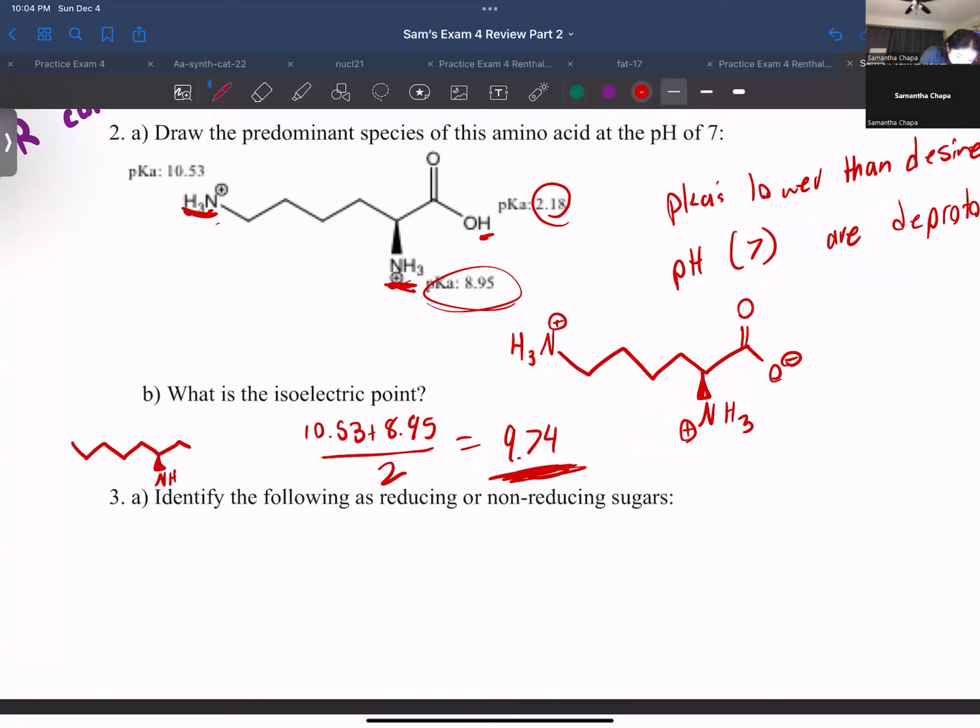So I get NH2, and since this is deprotonated, I get a negative charge where my carboxylic acid was, and this amine stays the same. Notice how here we have a neutral compound because this negative charge and this positive charge cancel out, and we no longer have a charge here. So this is our Zwitter ion. And that means at this pH, we're pretty correct here because at this pH, we have a neutral compound.